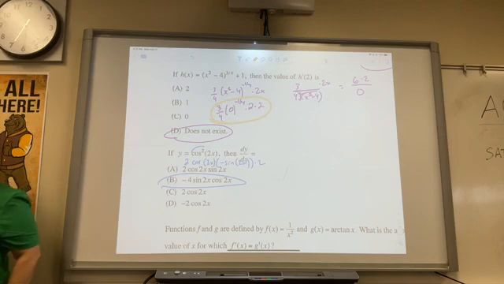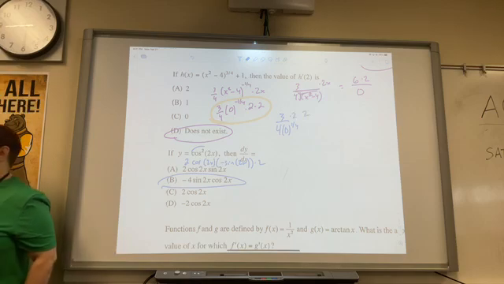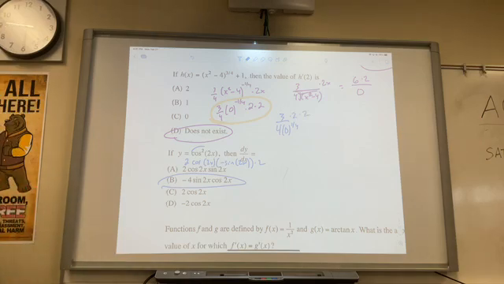But 0 to the negative 1/4 actually means 0 to the 1/4 on the bottom. And so I'm dividing by 0, so it doesn't exist. Okay? So that's why I like to rewrite. I would probably rewrite it first, and then I could probably see it better. She tricked me too.